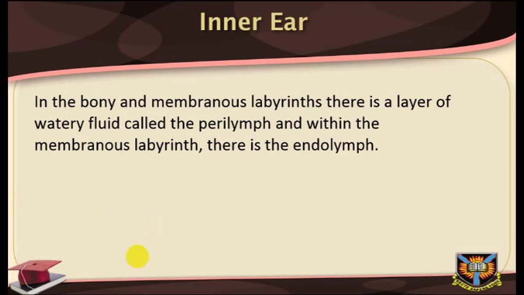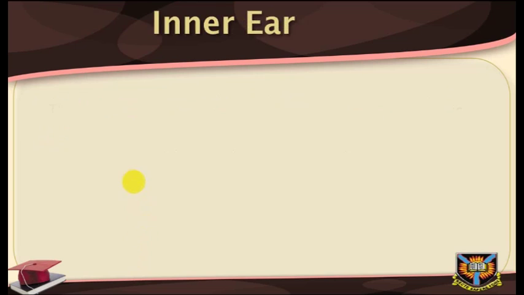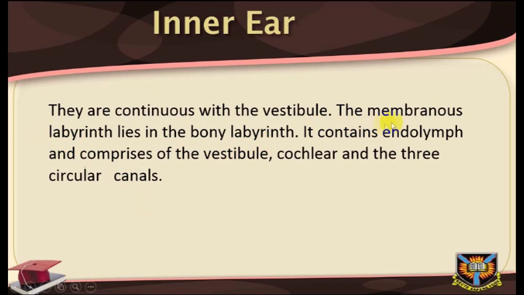The semicircular canals are three tubes arranged so that one is situated in each of the three planes of space. They are continuous with the vestibule. The membranous labyrinth lies in the bony labyrinth. It contains endolymph and comprises the vestibule, cochlea, and the three semicircular canals.